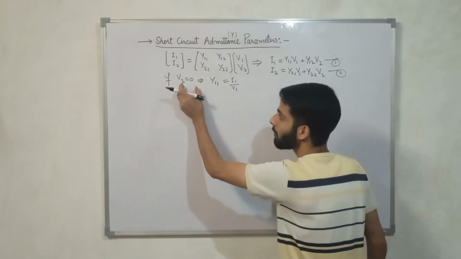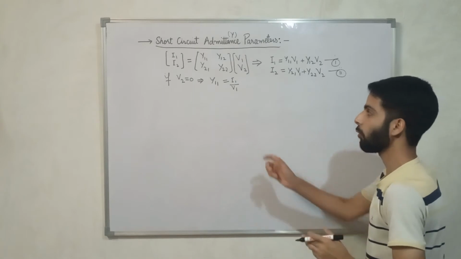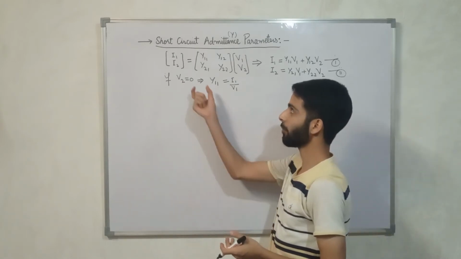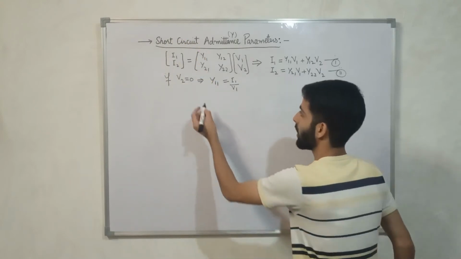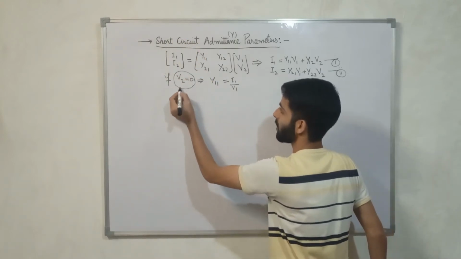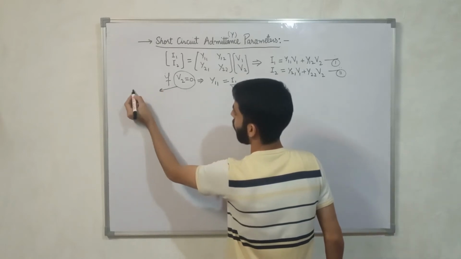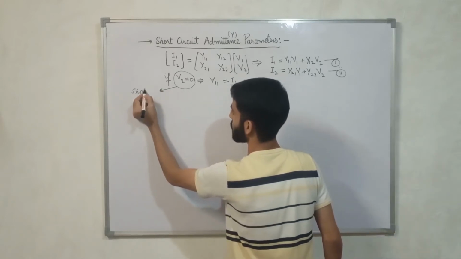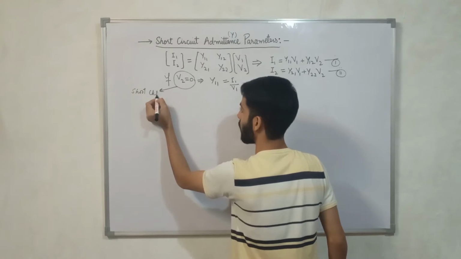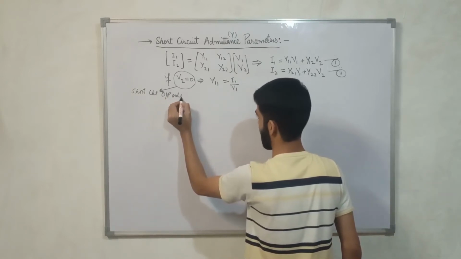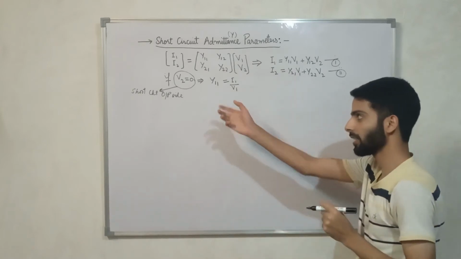If V2 equals 0, the voltage on the output side equals 0. What does that mean? That means the output side is short circuited.